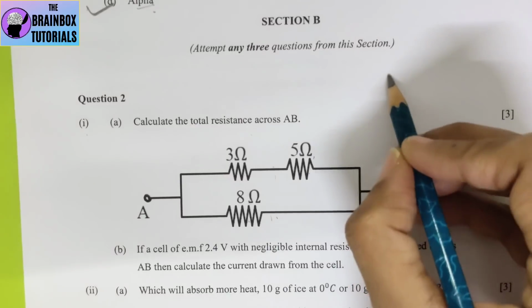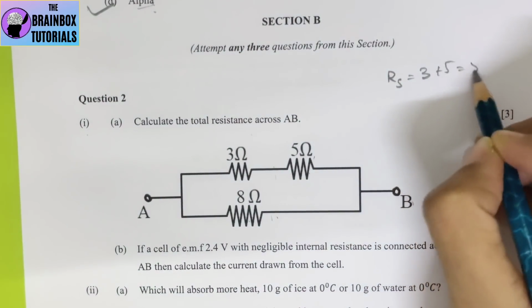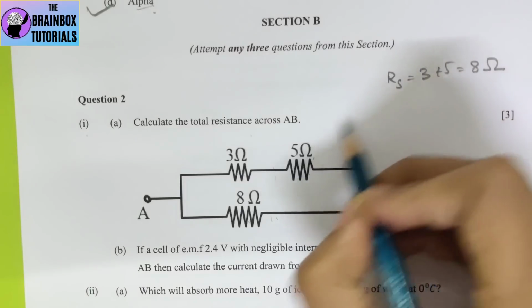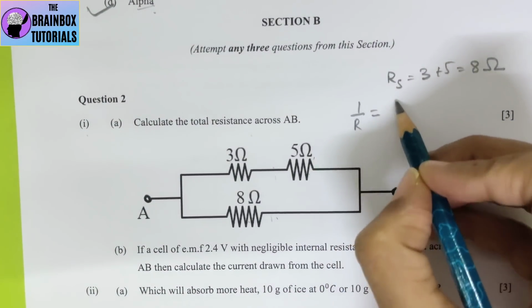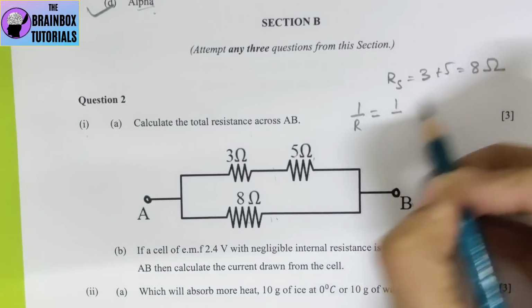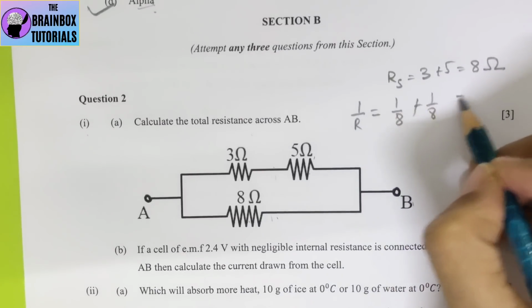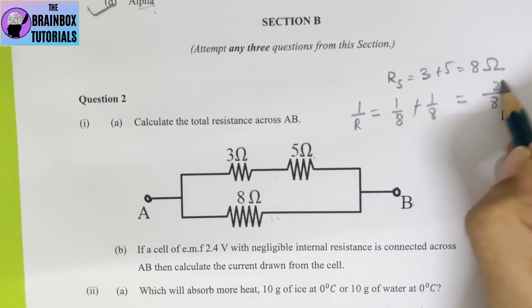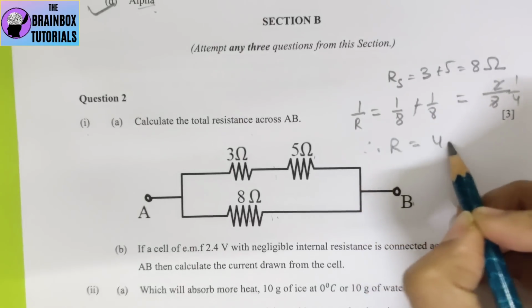So resistance in series is equal to 3 plus 5, that is 8 ohm. Now resistance in parallel will be, that is 1 by R is equal to 1 by R1, that is 1 by 8, plus this one 1 by 8, that is equal to 2 by 8 is 1 by 4. Therefore resistance will be 4 ohm.